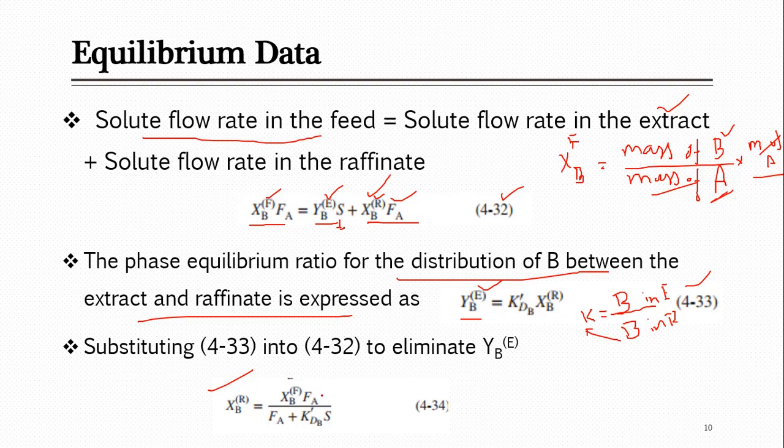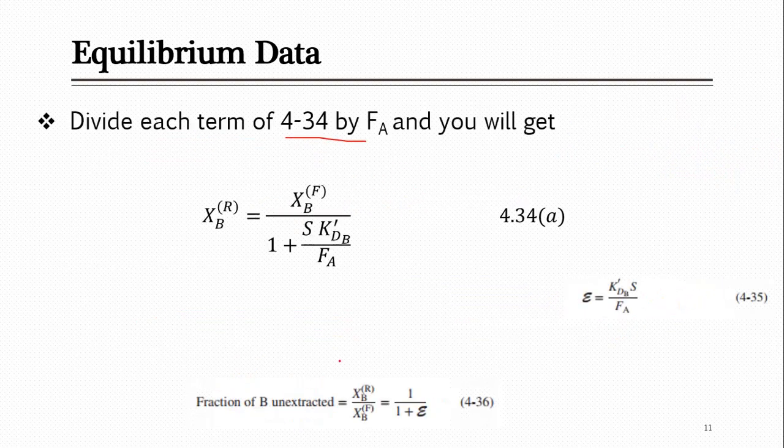If I divide denominator and numerator by the same term, there will be no effect on the equation overall. So divide each term by FA on the numerator and denominator side of this right hand side, and finally you will get this equation 4.34a. This is not available in the book, I have just written it for your convenience.